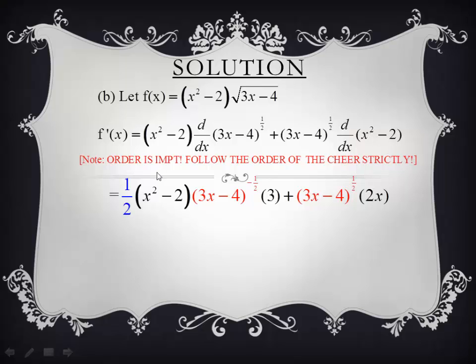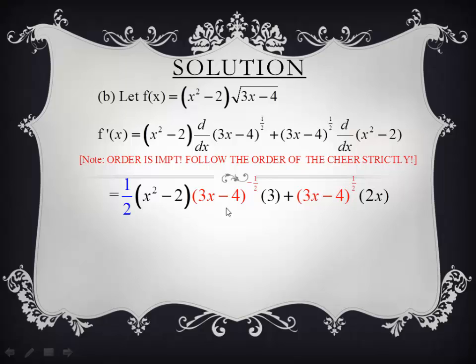We notice that after differentiation, you will basically only get two terms: the first term in front, adding to a second term behind. What are the common factors in these two terms? Notice that 3x minus 4 power minus half and 3x minus 4 power half are common factors.